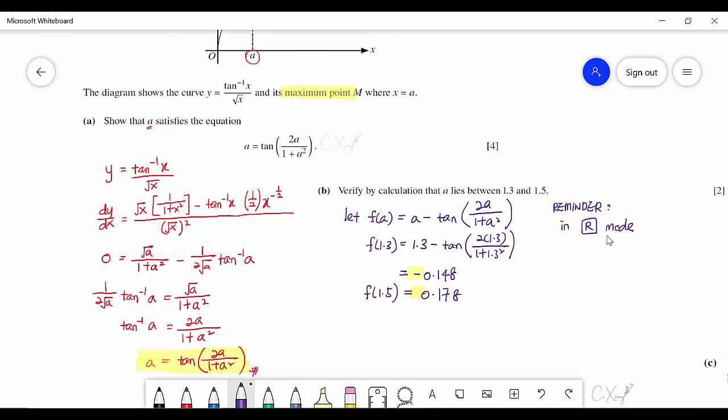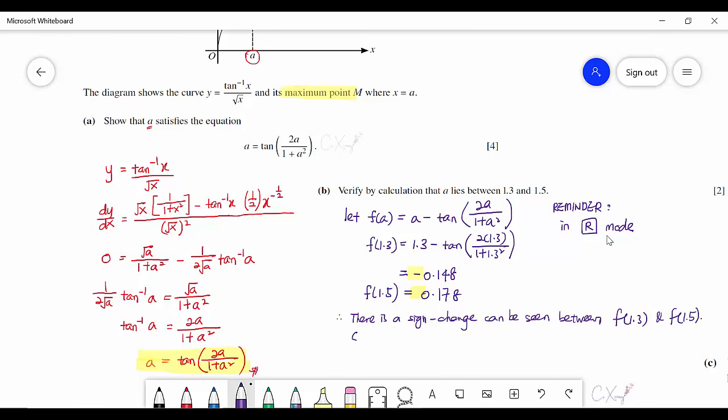Therefore you can make a conclusion here: a sign change can be seen between 1.3 and 1.5 of the function.